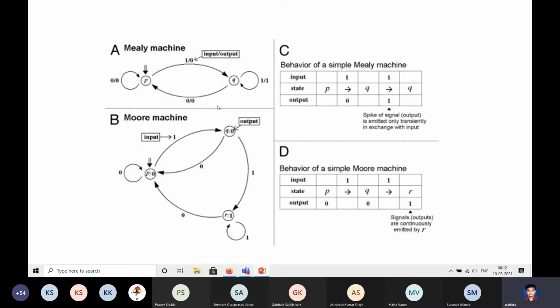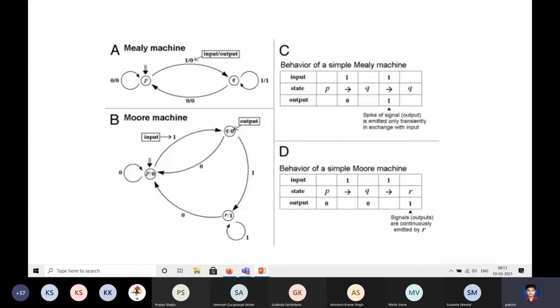Transitions happen on input, but the outputs, you see, are associated with the edges. What this means is that on receiving an input 1, the system moves from state P to state Q and generates an output 0. So 1/0: 1 is the input, 0 is the output. So the outputs are associated with the edges. Inputs are anyway associated with the edges because on input you transition from one state to another.